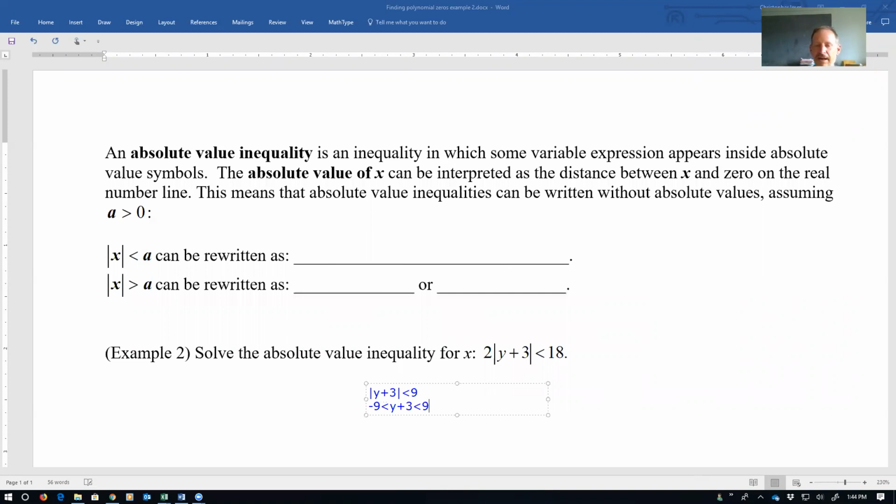When I solve for y, I just subtract 3 off of both sides. Negative 9 minus 3 is negative 12. y plus 3 minus 3 is y, and 9 minus 3 is 6. There is my inequality. We like to write things in interval notation. In this case, we would have parentheses negative 12, comma 6. And that would be our answer that describes all the y values that work to make this less than 18.